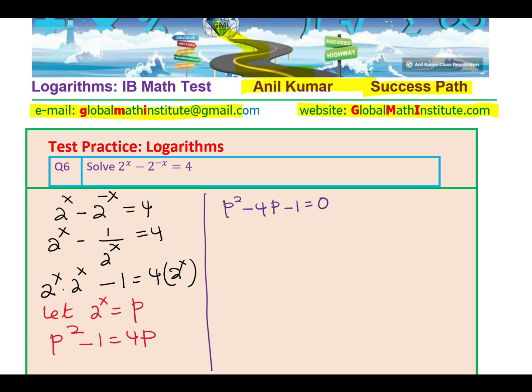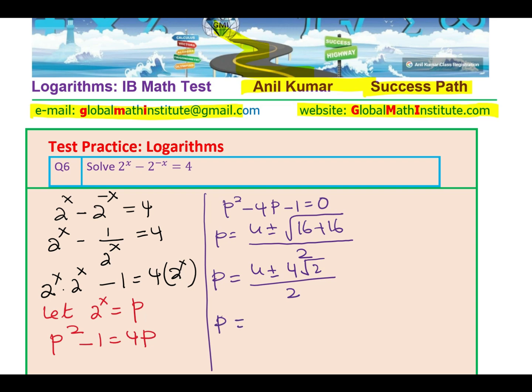So p equals 4 plus or minus the square root of 4 squared, which is 16, minus 4ac. This becomes plus 16, right? Over 2a, which means 2. And that gives me the value of p as 4 plus or minus the square root of 16 plus 16, which is 32. You could bring 16's square root outside, square root 2, over 2, right? And that gives me the value of p as 2 plus or minus 2 square root 2.